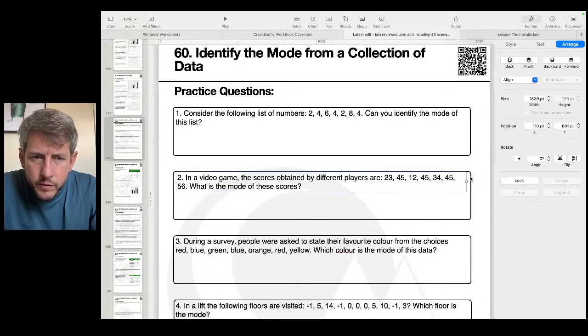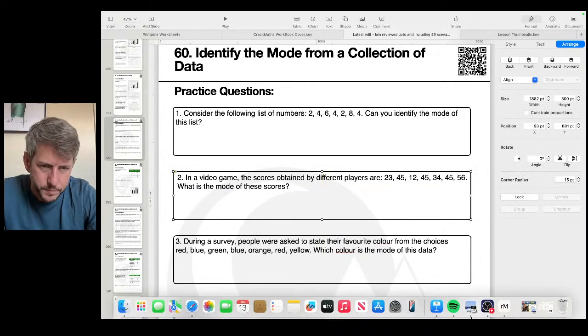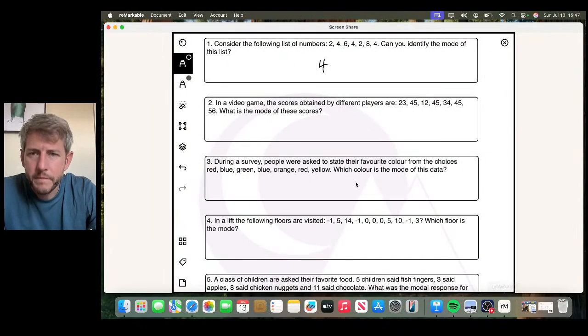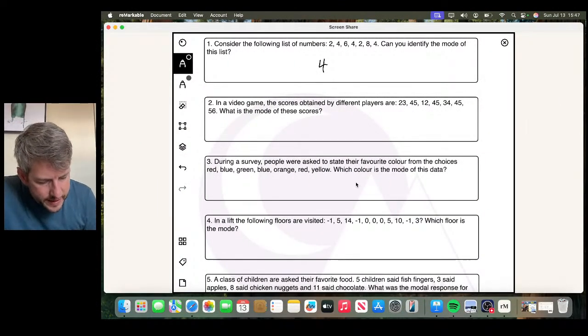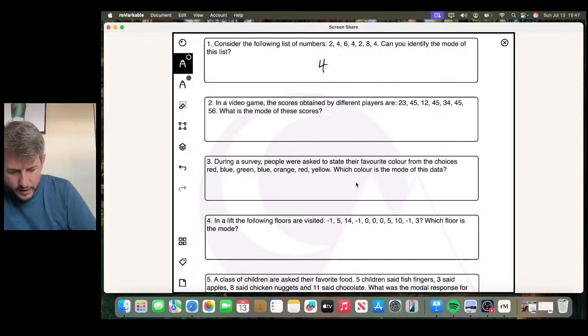Right. So just make that a little bit wider. There we go. Perfect. Right. Okay. Which one is it? There's 1, 4, 2, 3 45s. Okay, 45 is the mode.